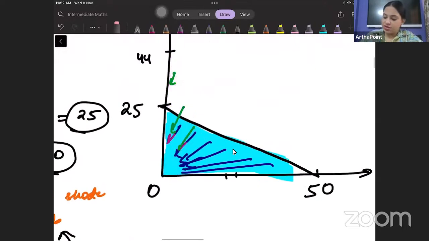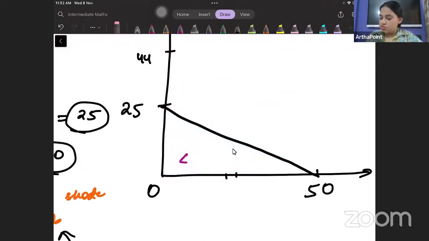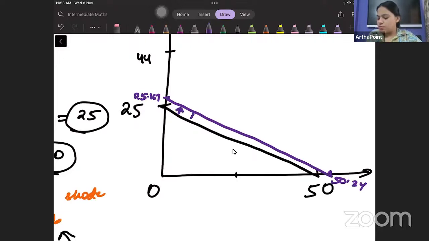Now just leave everything else and focus on this flour equation. Now I have this as 25.167 and this as 50.34. So a slightly upward shift will be seen. Now this will be my line. बस इतना ही तो होगा. This line will shift upwards.